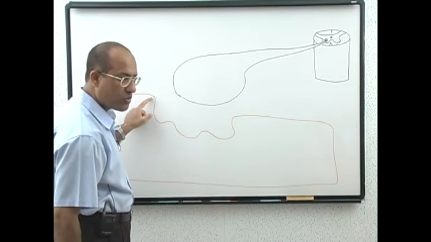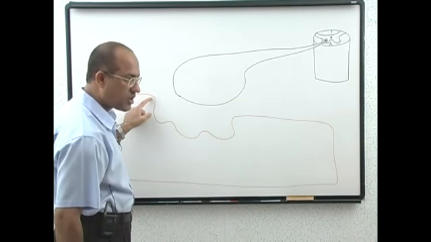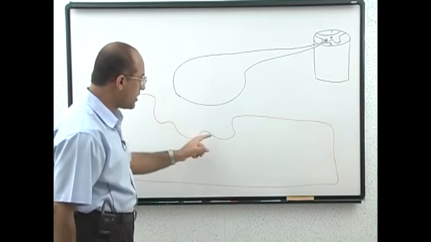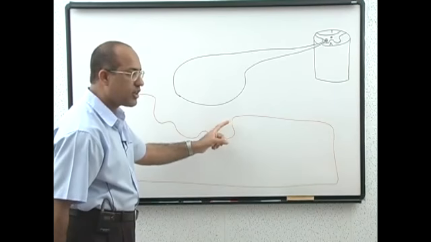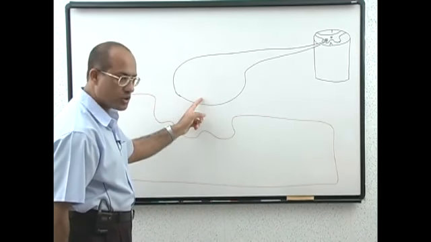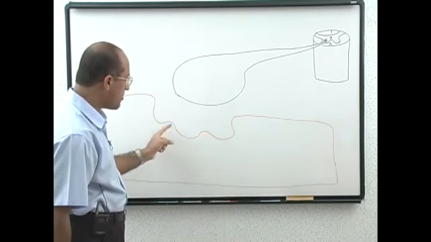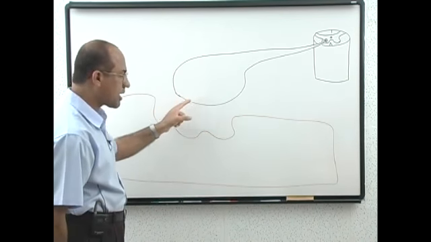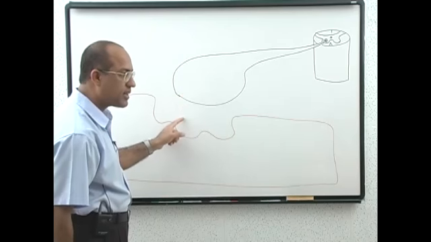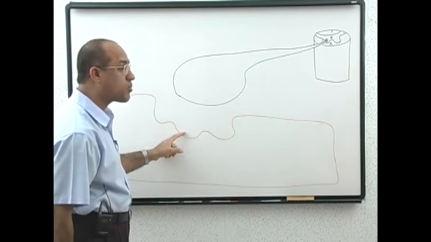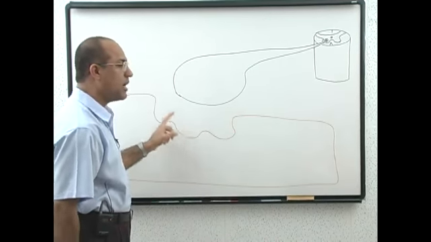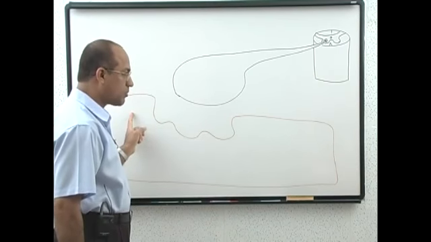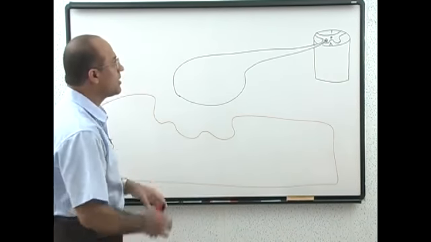It is called the motor end plate because this part of the membrane is connected with the motor neuron, and it will receive the chemical message from the nerve ending and then convert the chemical message into an electrical message. I will explain everything step by step.